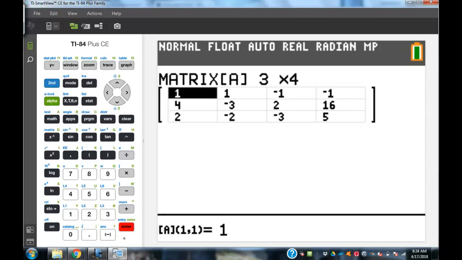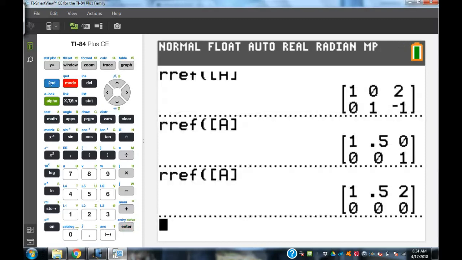Make sure I got everything right. 1, 1, negative 1, negative 1, 4, negative 3, 2, 16, 2, negative 2, negative 3, 5. Yeah. All right. RREF on that one.